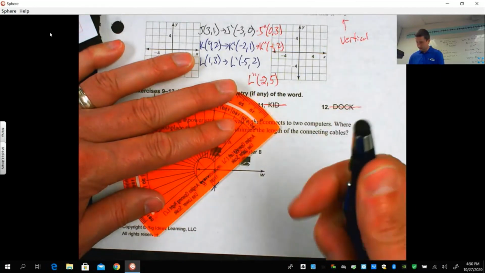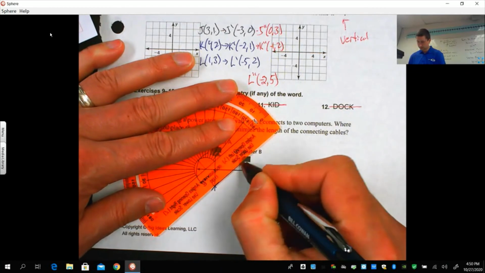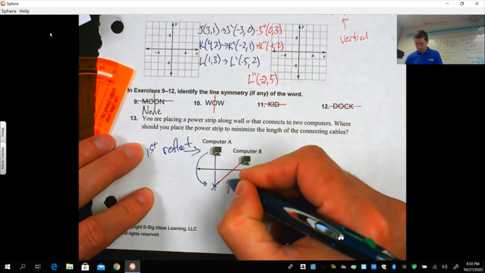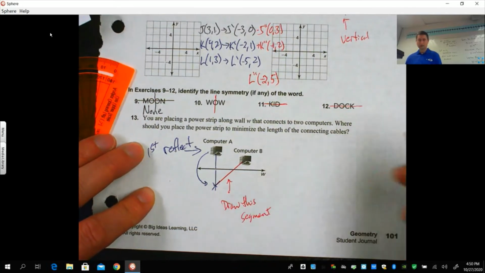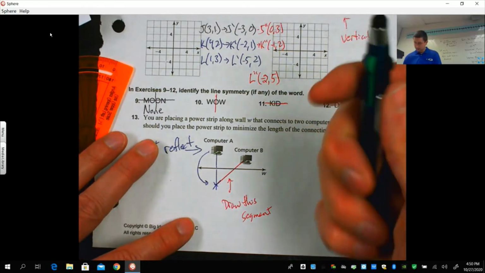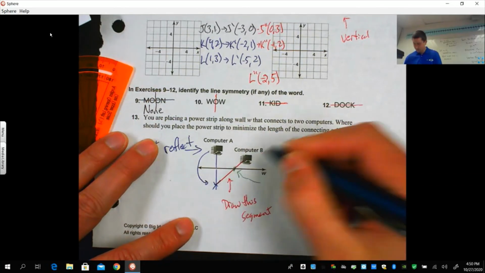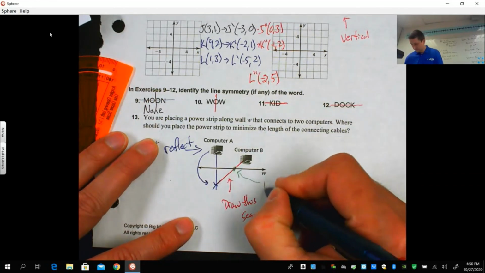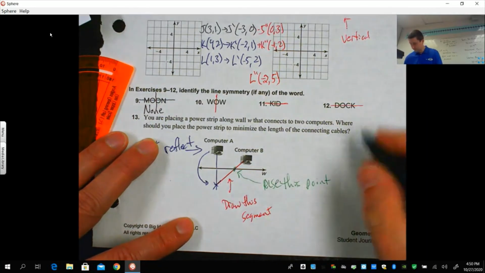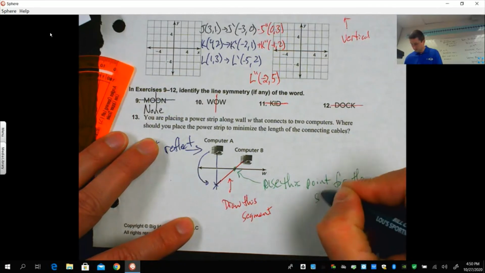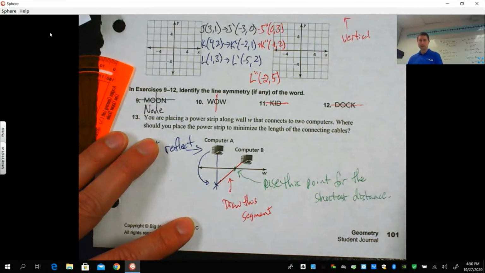And then the second thing we're going to do is we're going to draw a segment connecting this point with that computer. So draw this segment. Okay? And what that means is this point of intersection right there, you want to use this point for the shortest distance.